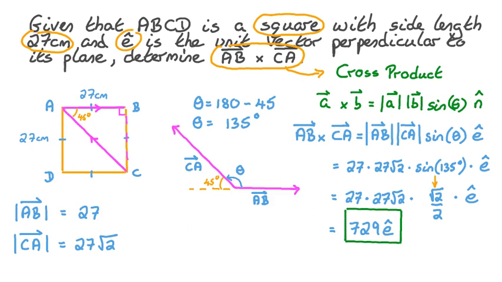So we are left with 27 multiplied by 27 multiplied by the unit vector E. This is equal to 729E. The cross product of AB and CA is equal to 729E. In our next question, we will find the cross product of vectors in a rectangle.